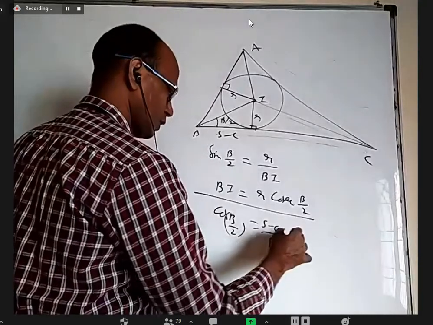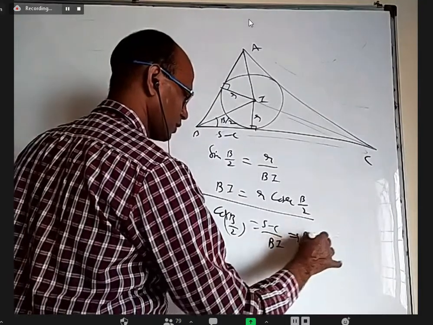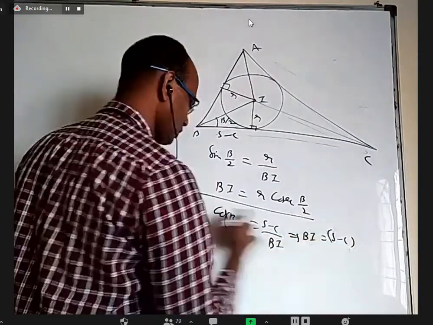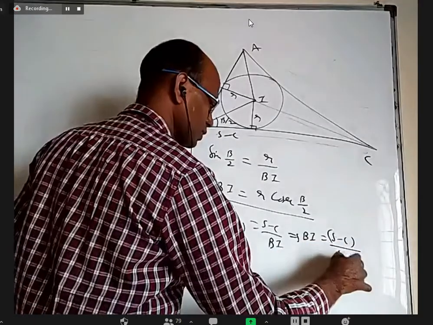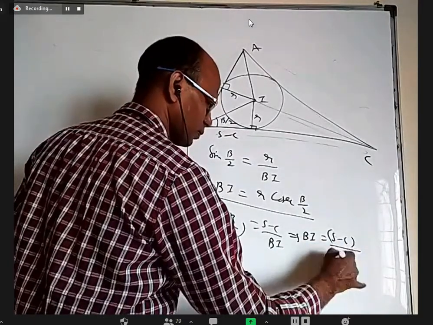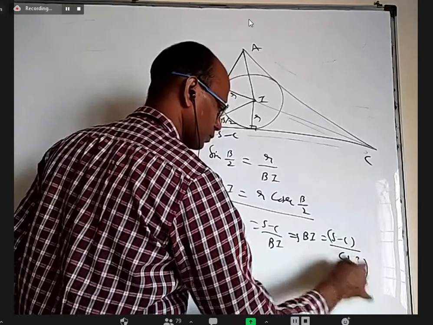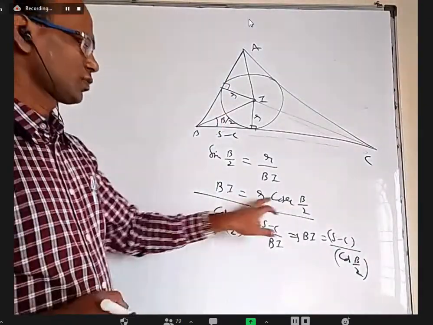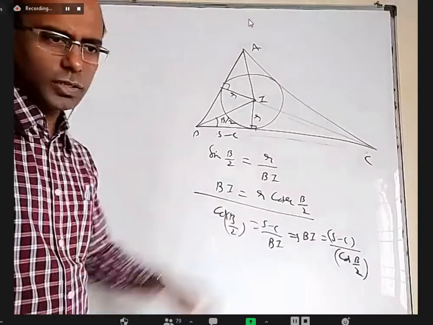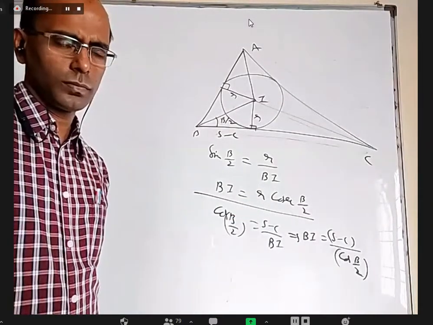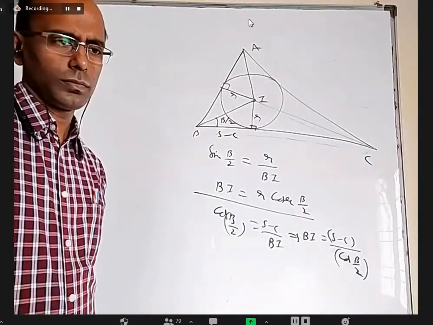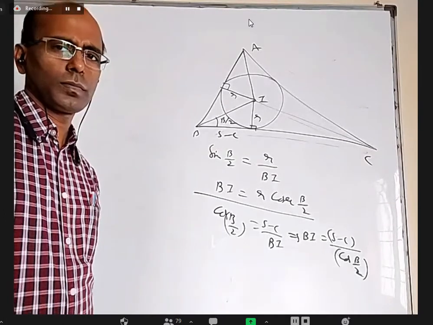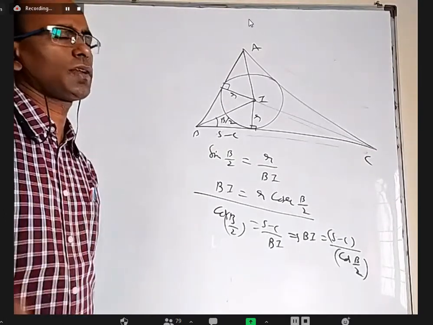So we'll also get BI length is equal to S minus C by cos B by 2. I think this is easy to put, but what is the formula for small r? Anybody? Delta by S. Delta by S. Another formula? Any other formula?